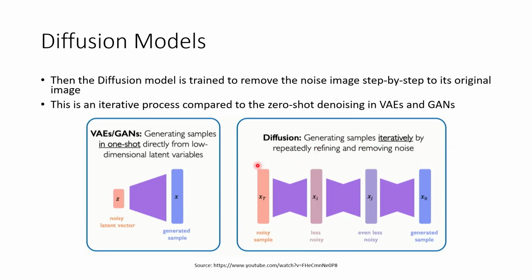So diffusion is an iterative process where you use a neural network again and again instead of trying to make the original image in a single step. This is the main difference between variational autoencoders or GANs and diffusion models.